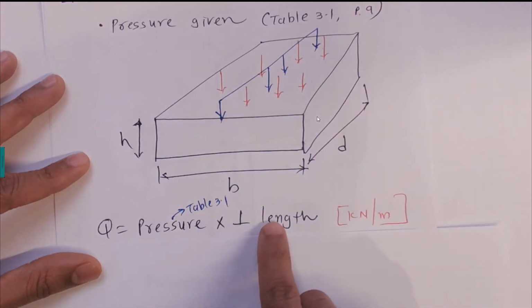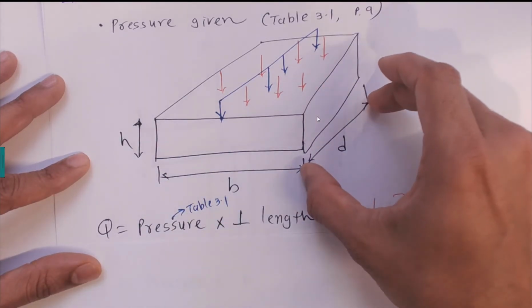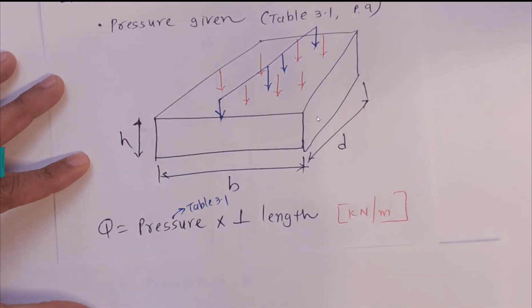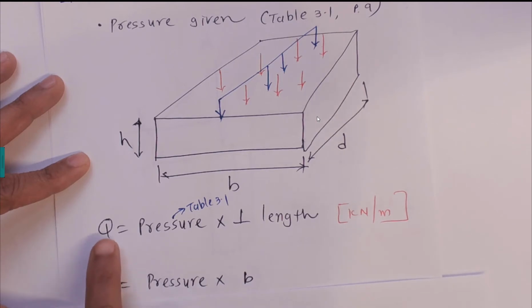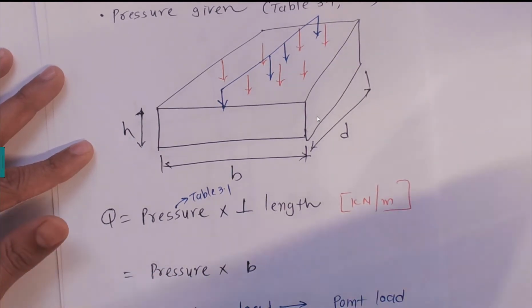So we simply multiply by the perpendicular length, which in this case is B. We always exclude the length which is parallel to the loading direction. So our final answer for the live load is equal to pressure times the perpendicular length.